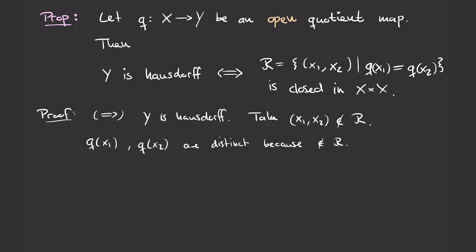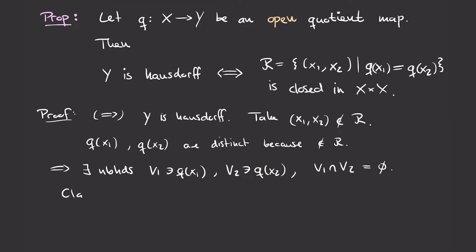Now we have two distinct points in a Hausdorff space, so it follows that there exist neighborhoods V1 of Q of x1 and V2 of Q of x2, such that these two neighborhoods are disjoint from one another.